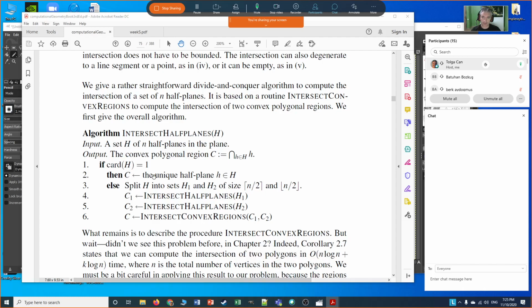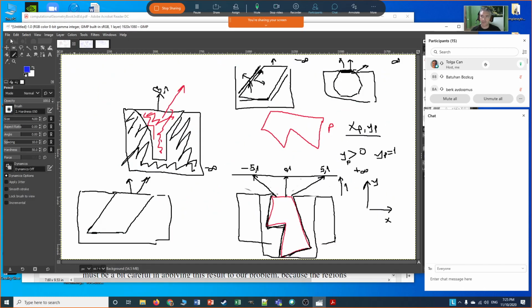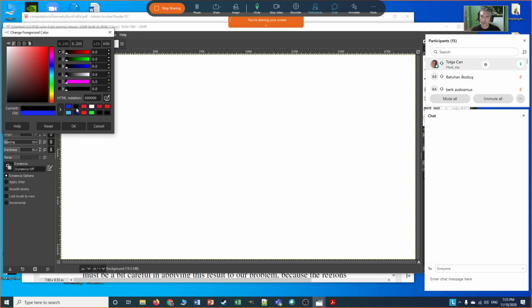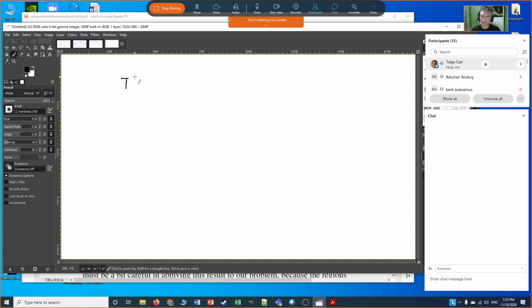So let me write it here. If you look at this intersect half planes, the recurrence relation of the running time, the computational complexity, is basically 2T(n/2), because each of those new sets contains half of the half planes, and I call this function recursively 2 times.